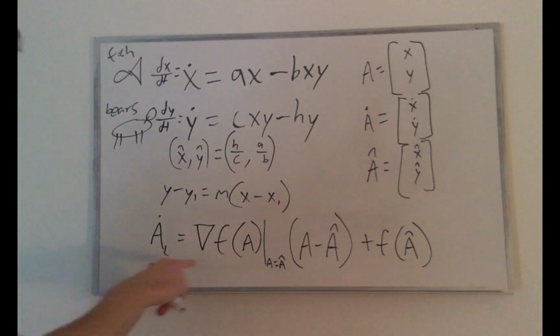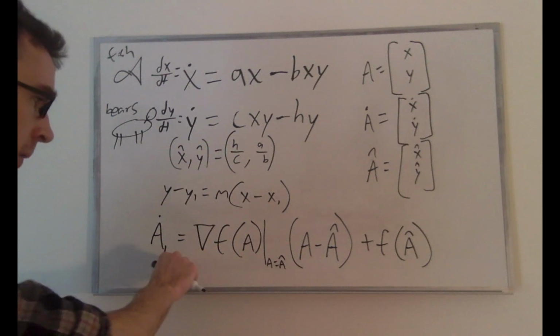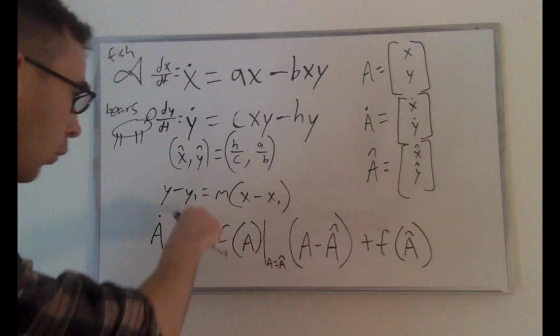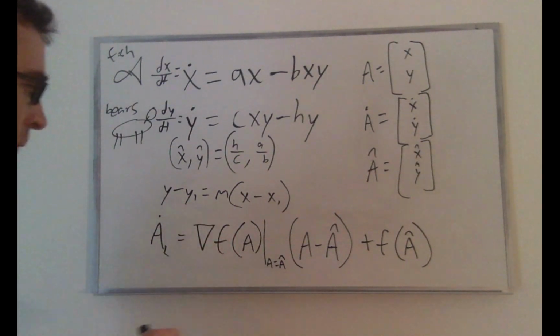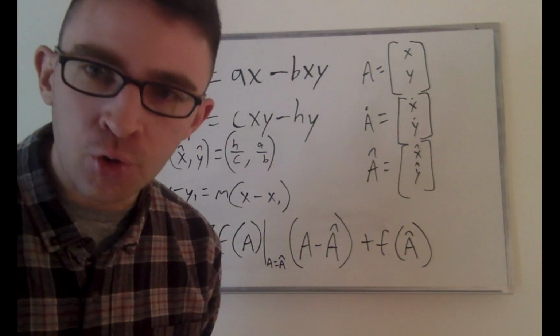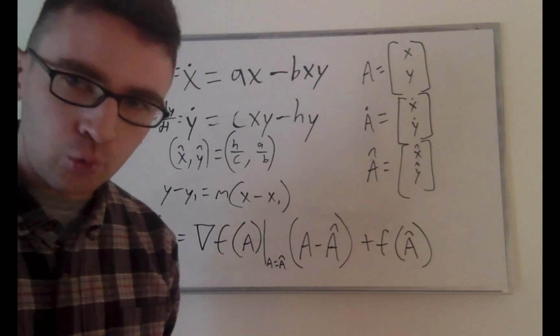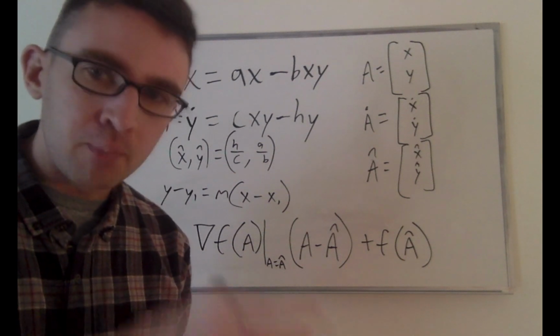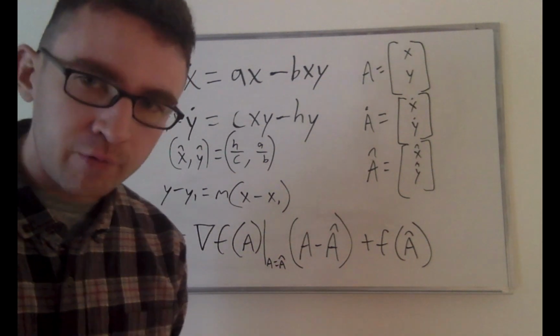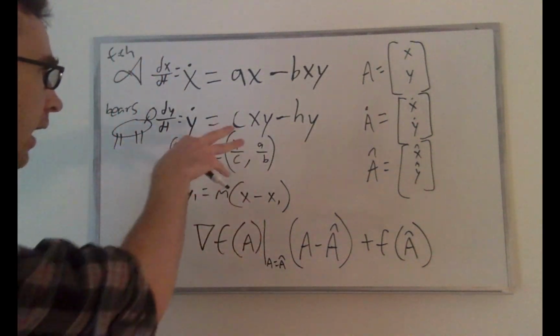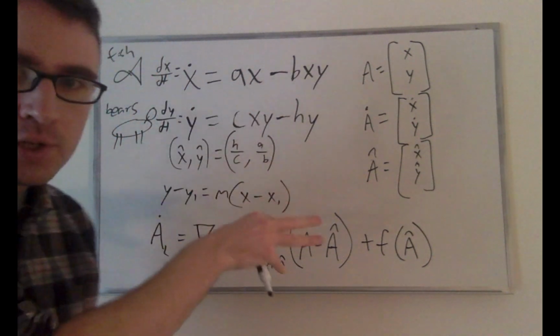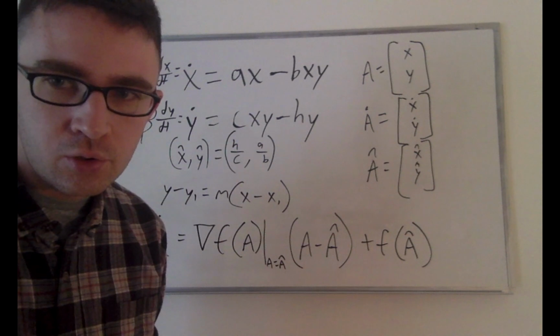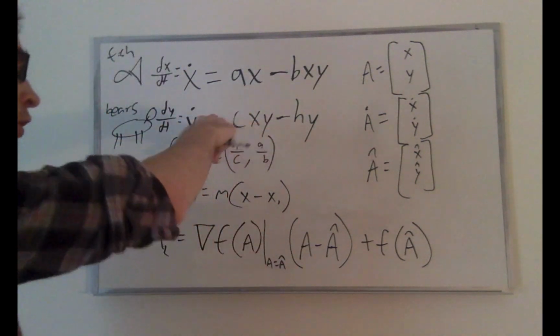Okay, so we have this term here. Looks confusing, right? What is this upside down triangle? This is just the gradient term. The gradient is going to be a matrix of partial derivatives that describe how the variables are changing with respect to themselves and every other variable.